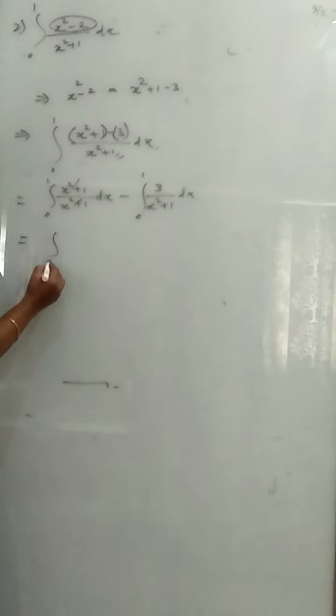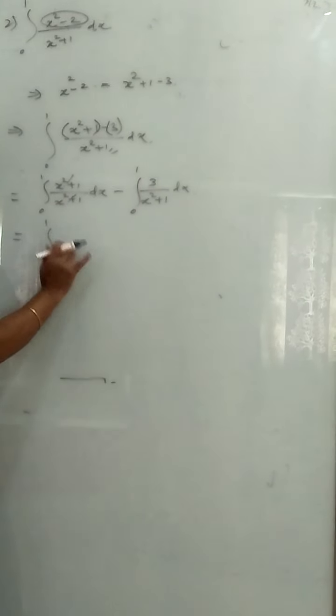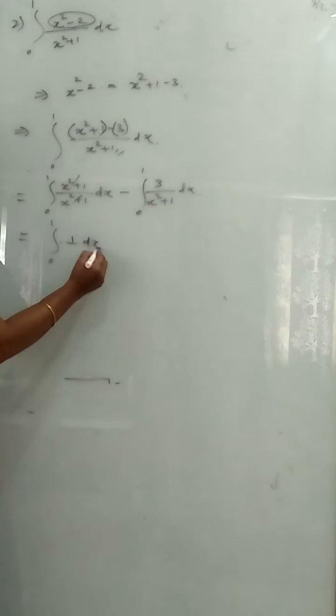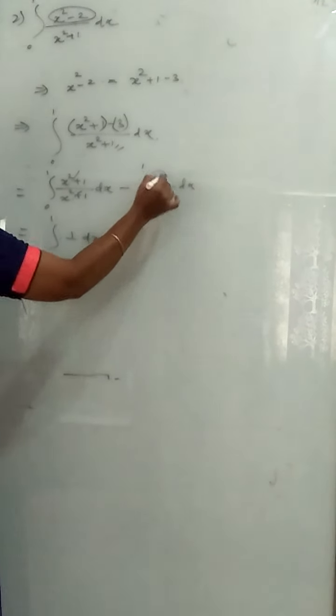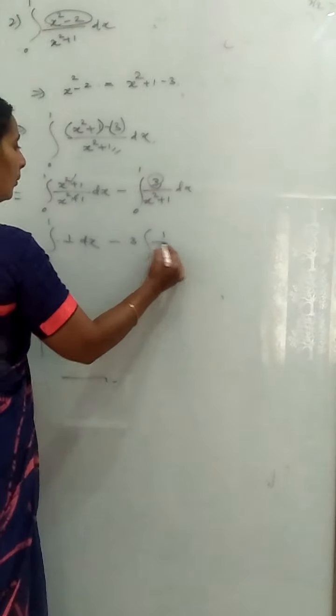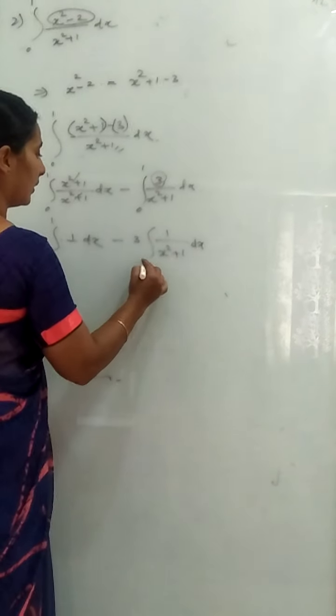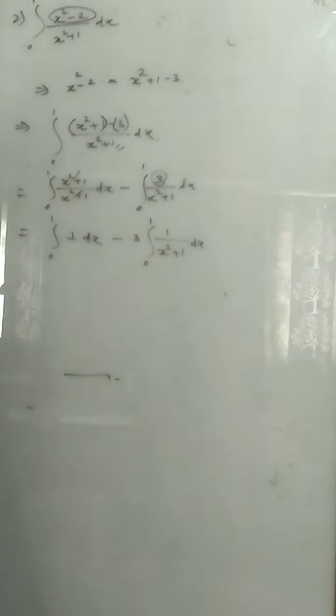The same terms get cancelled and our term is integration of 1 into dx, minus 3, which is a constant, taken outside the integration, integral of 1 upon x square plus 1 into dx, and the limit is 0 to 1.